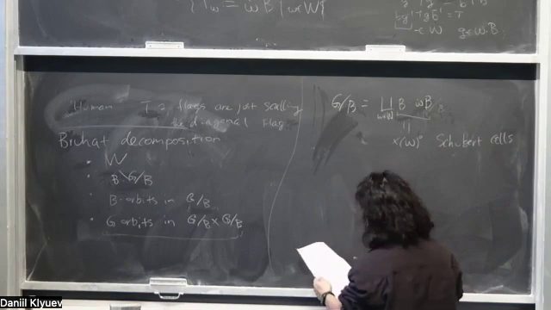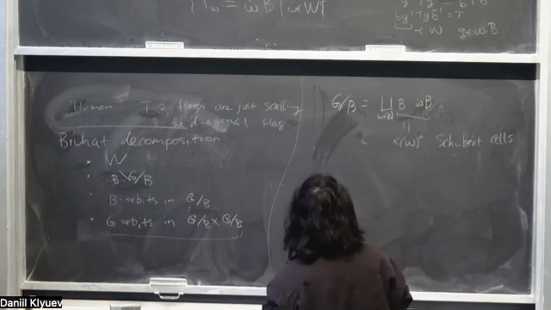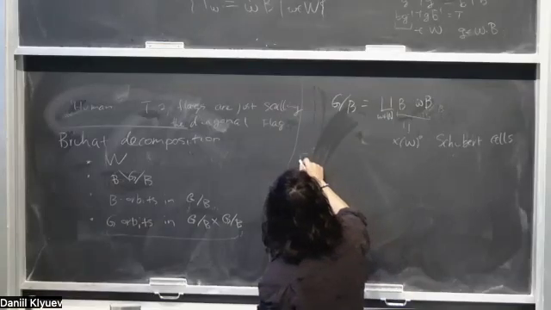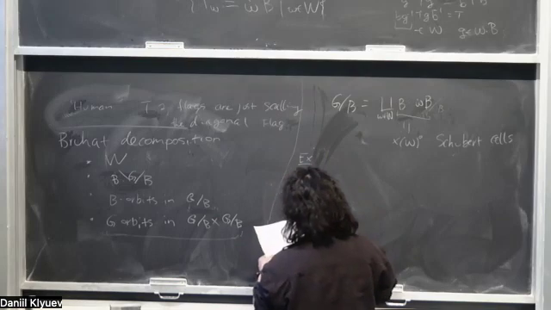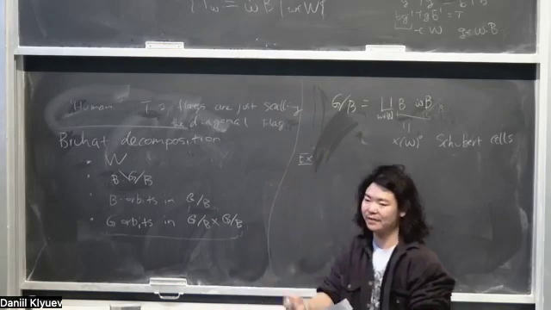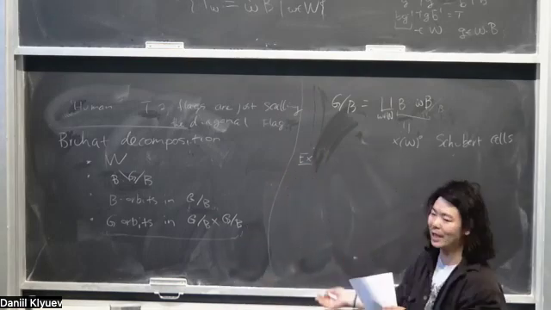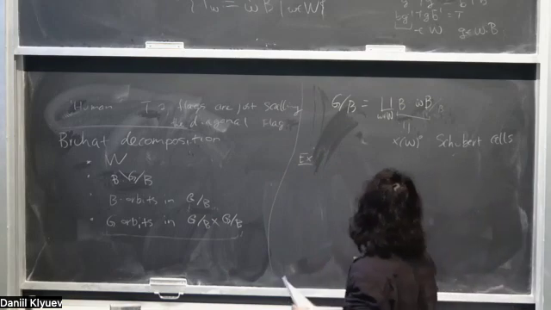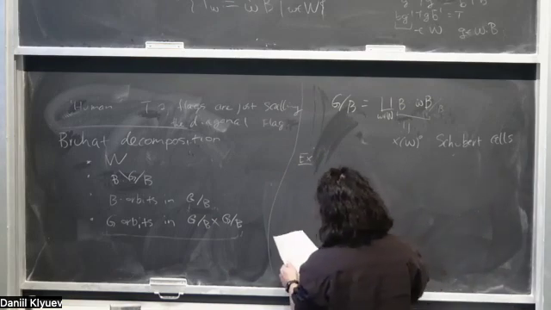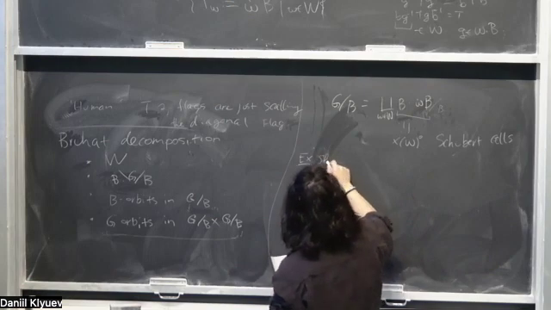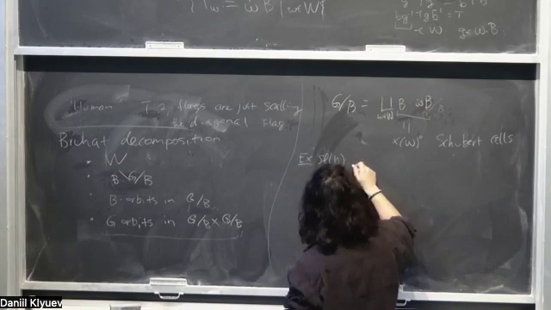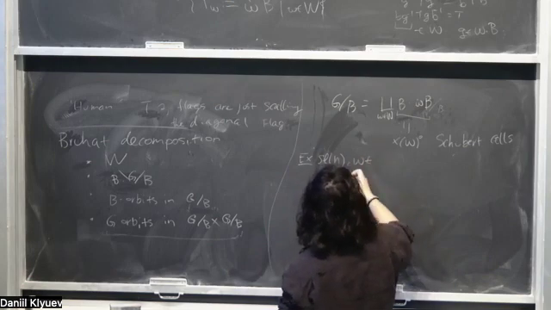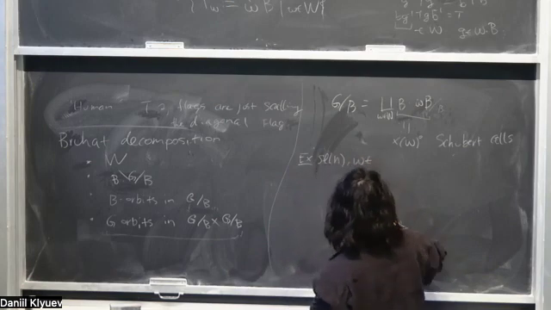But I can write down for you, at least in the case of SL_n, which flags are in which Schubert cells. For SL_n, let's take some permutation.